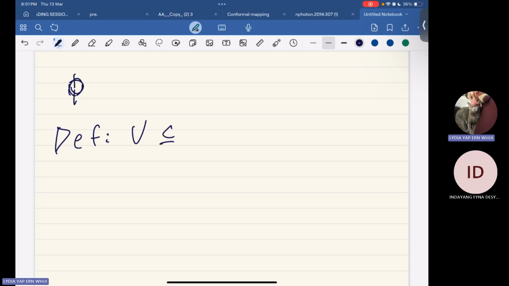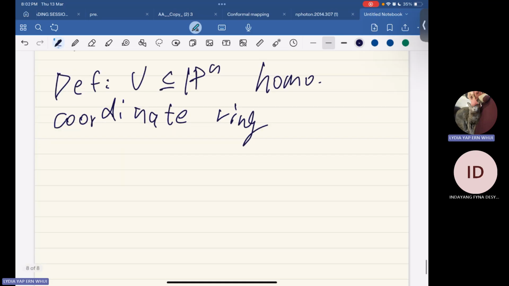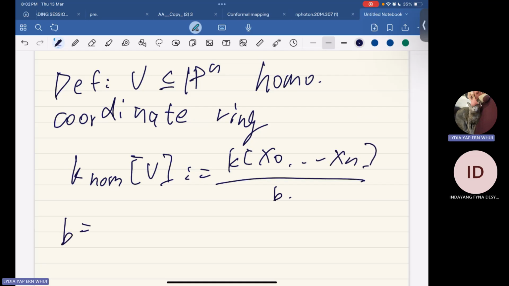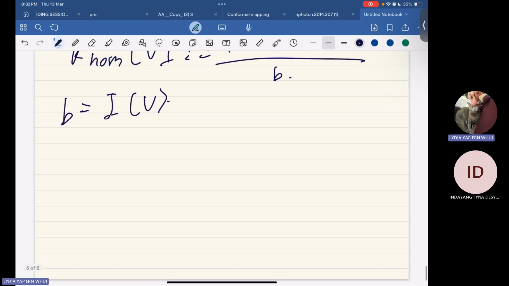If V is a projective variety in P^n, then we define its homogeneous coordinate ring as K_hom[V] equals K[x0 to xn] quotient by B, where B is the ideal of V. And if you remember what we talked about last class, because this V lives in P^n, what is the difference between this ideal and the previous ideal? This ideal is graded, right?